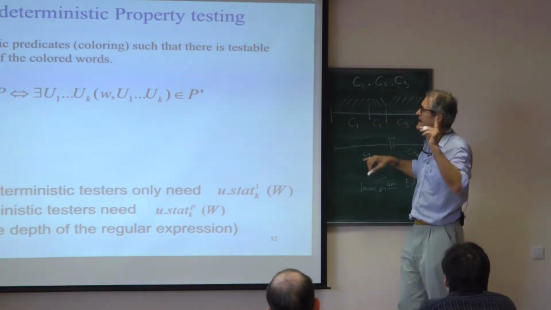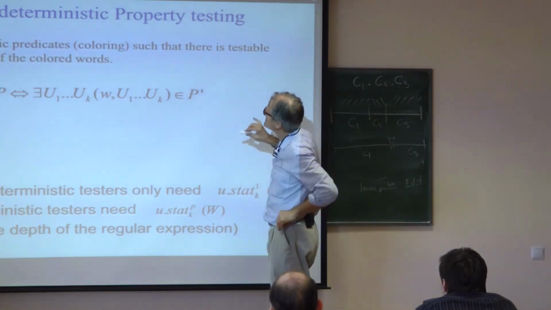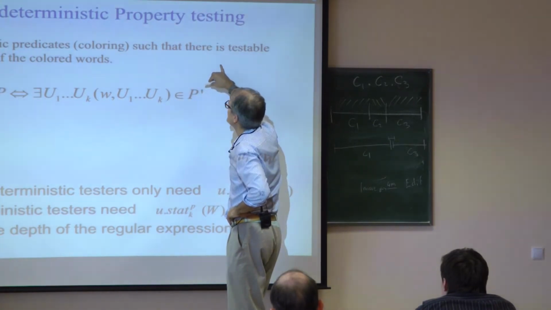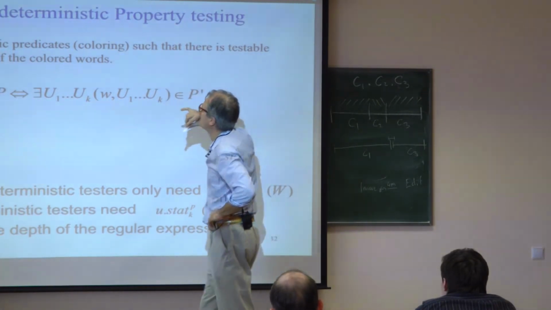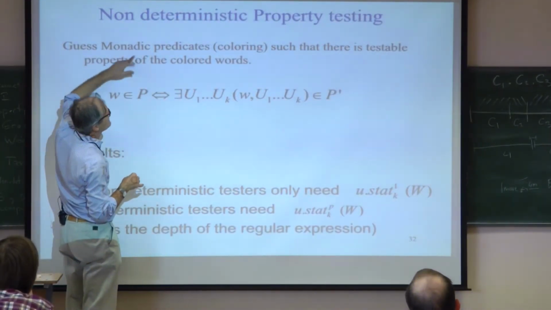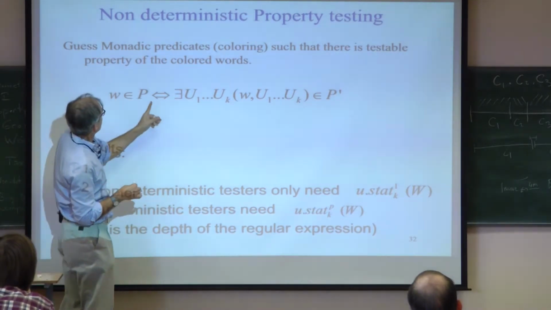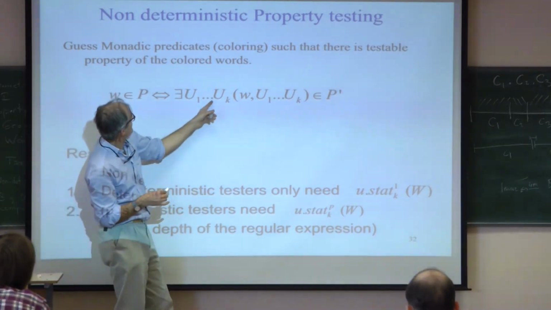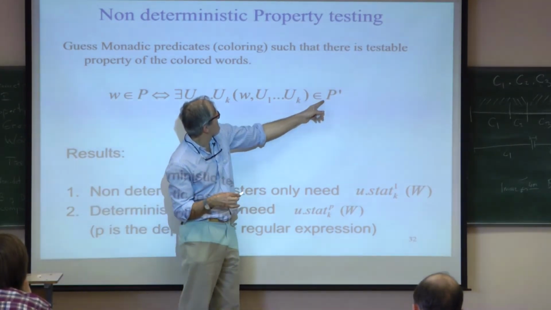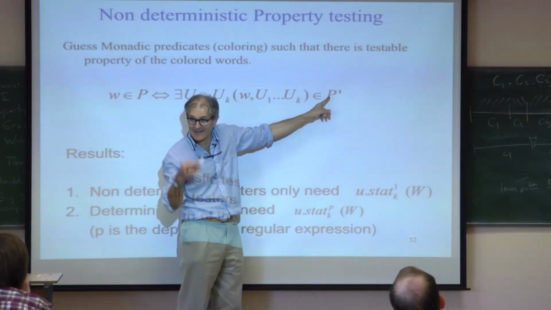Okay, so now technically the Lovász definition is pretty much the following: you say that a property is non-deterministically testable, here monadic non-deterministically testable, if I can find monadic predicates such that the colored words are in a property P prime, which is itself testable in the classical sense.